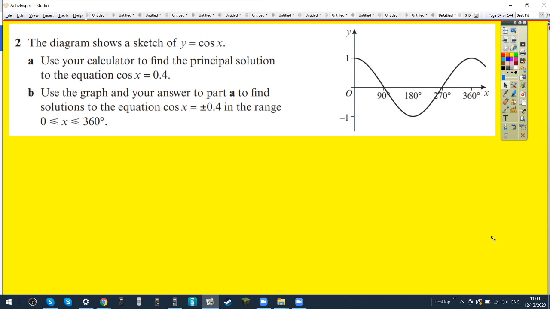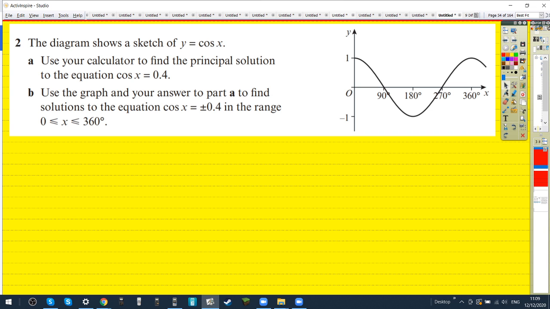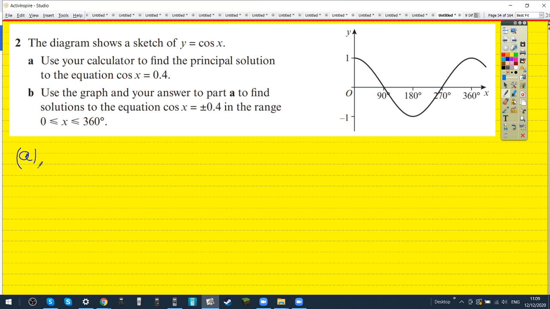Okay, how about this? Can I put cos x equals 0.4 into the calculator? I put equals 11 for x, and it gave me an answer of like 10 million. So the trick here is you do inverse cos of answer. Try that.